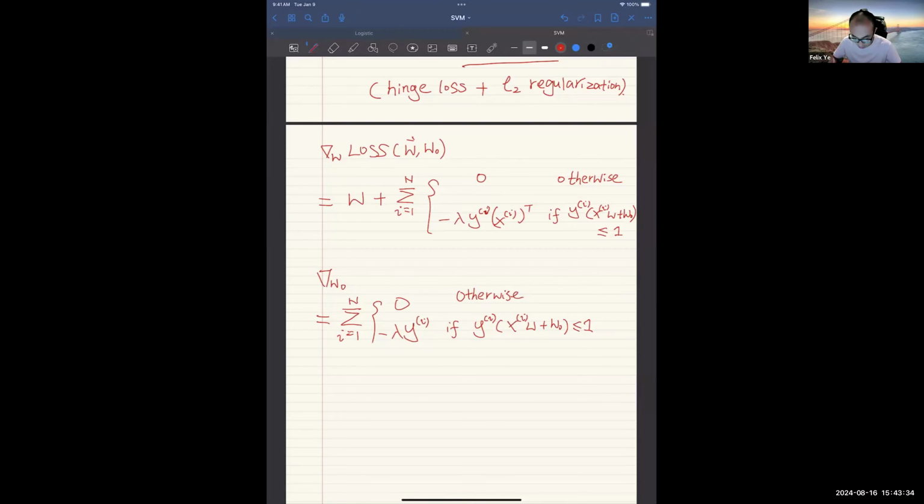Okay, so we can write down this subgradient. We don't know it precisely, and this whole thing is differentiable almost everywhere, except for one point where this quantity is equal to 1, where it is not differentiable. So we can calculate the subgradient and use gradient descent directly to minimize this loss function.